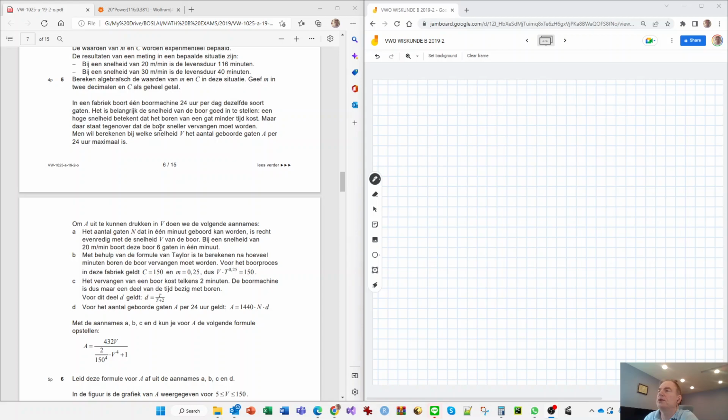It's important that you optimize the speed of the drill, but if you make the speed too high, then you have to replace the drill more often, and you want to optimize the number of holes per 24 hours, which they call A. So we want to express A in phi.